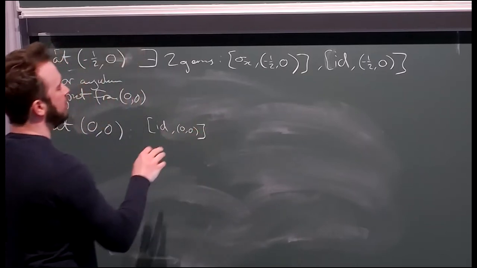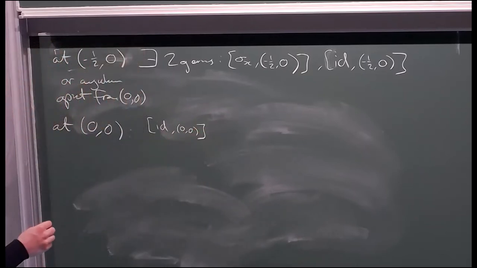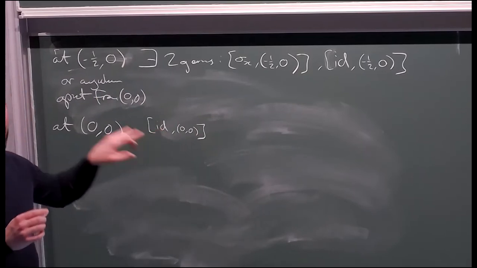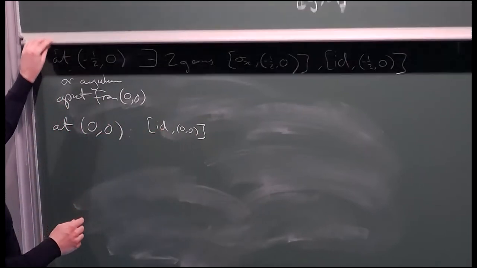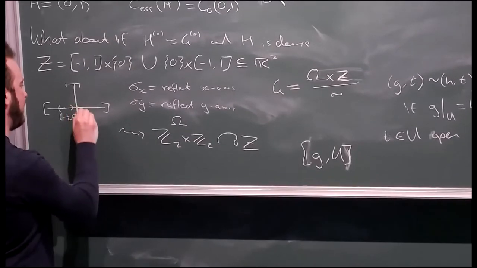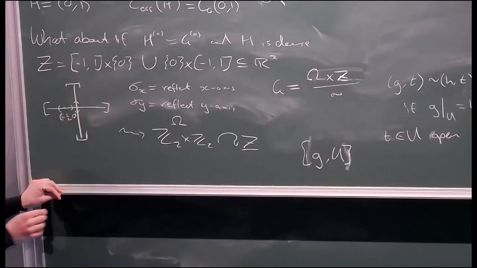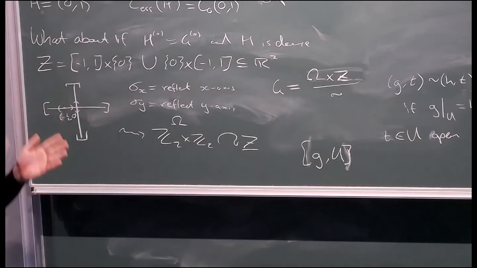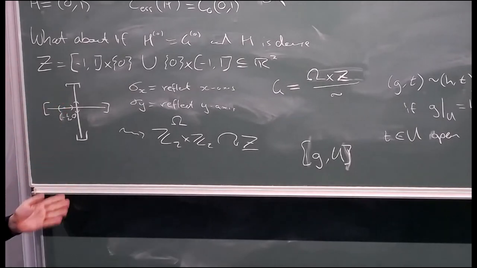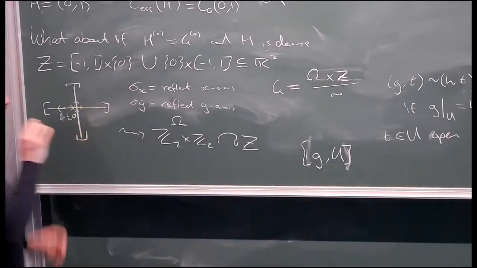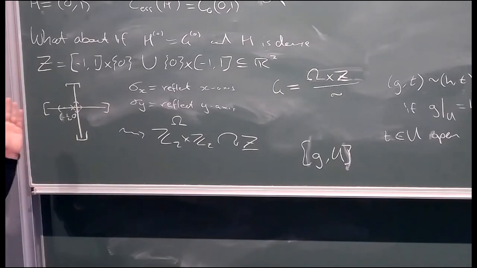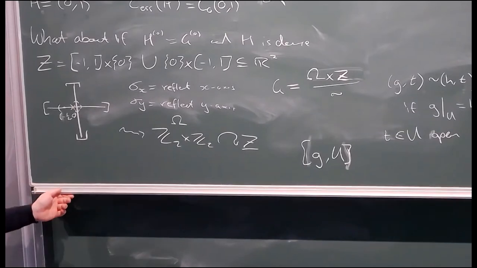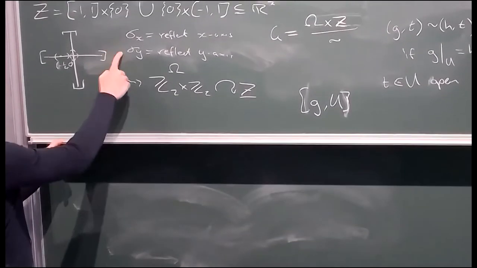And if I act by the identity on a neighborhood of the origin, I have to act by the identity everywhere, because I can go a little under or over. If I know that I act by the identity there because I have the same germ, then I can't have a vertical reflection. Similarly, if I go a little bit to the left or right, I can't have an x-axis reflection, which means that I have to be the identity everywhere, because I can't have this and I can't have this, and these generate the group.